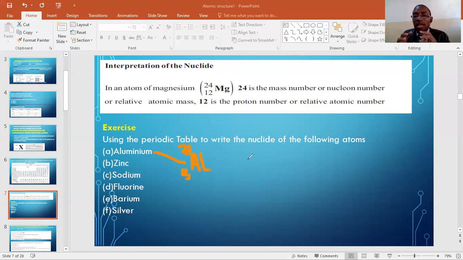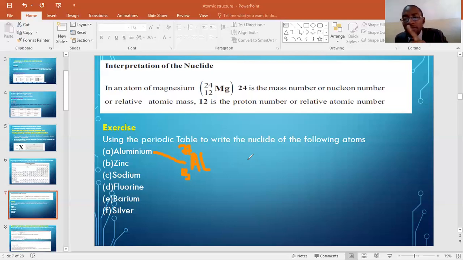The same way atoms are represented, or nuclide notations are represented on the periodic table, is the same way that we should represent them as well. You don't make any changes. If it's capital, small, you represent it the way it is. If it's a single capital letter, you represent it the way it is.